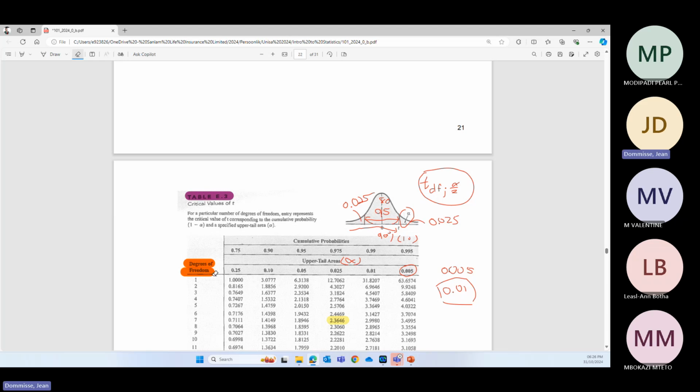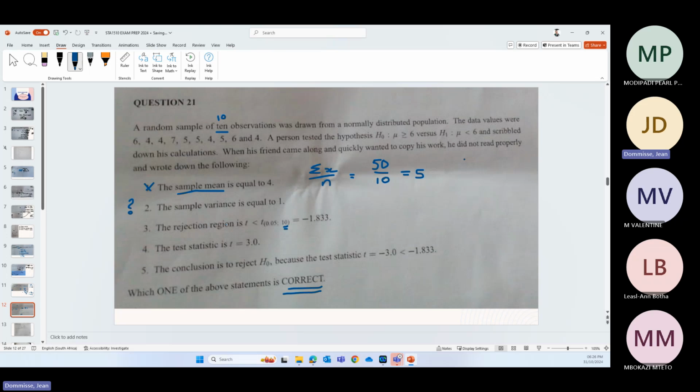So we're looking at the rejection region is T and they say minus. Okay, because they want us to look at that. So let's just check T 0,05, but that must be 9. So degrees of freedom is 9 because it's 10 minus 1. So T 0,05 and 9.